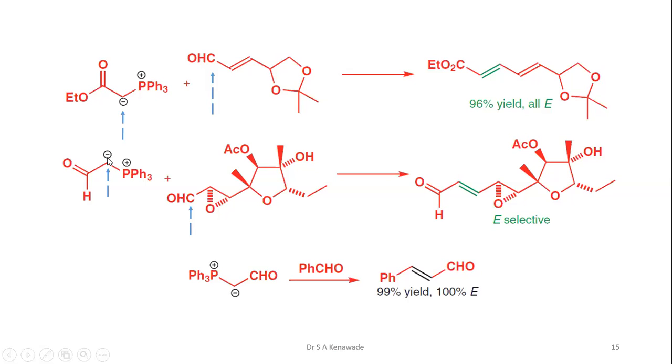Then this negative charge species will attack this carbon group to produce this group, that is E selective, shown by green. This is again your triphenylphosphine stabilized ylide, which reacts with benzaldehyde and produces again the E alkene.